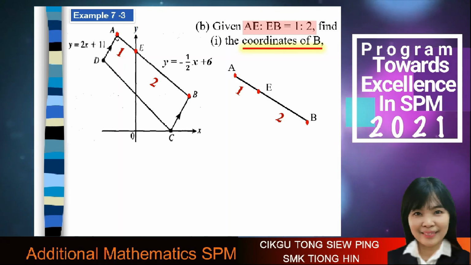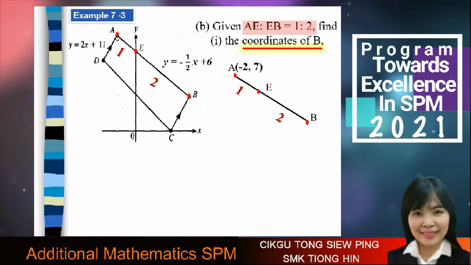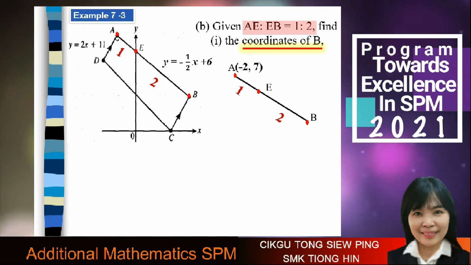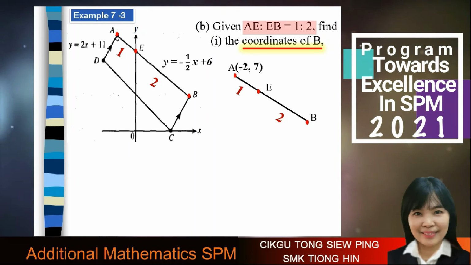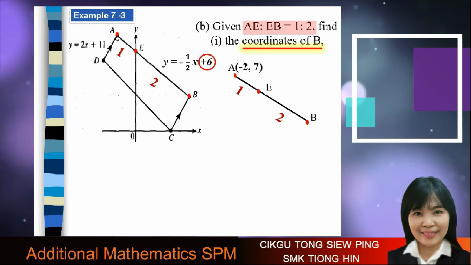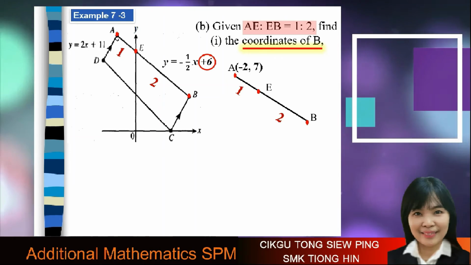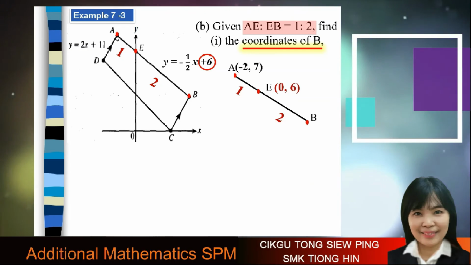Then, the coordinate of A we know already. We found in the previous part, that is (-2, 7). The coordinate of E, we can find it too from the equation y equal to -1/2 x plus 6. This is the y-intercept. Therefore, E is equal to (0, 6).